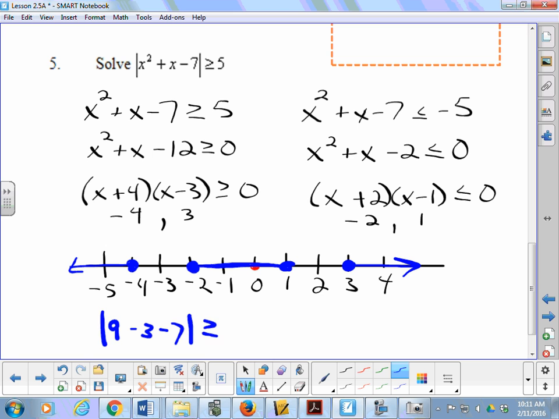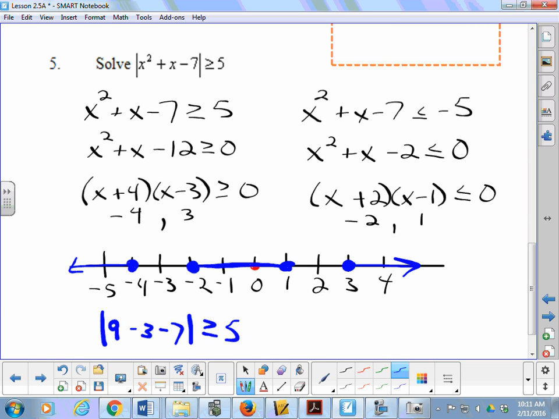Is that greater than or equal to 5? -3 squared is 9, minus 3 minus 7. So it's 9 minus 10, -1. Is -1 greater than or equal to 5? No. So it doesn't work there. Good. That means it's got to work out here then. You can test -5 if you want, but it'll work.